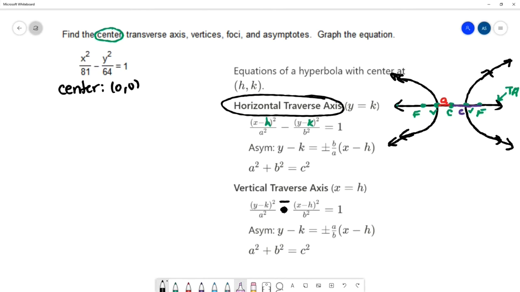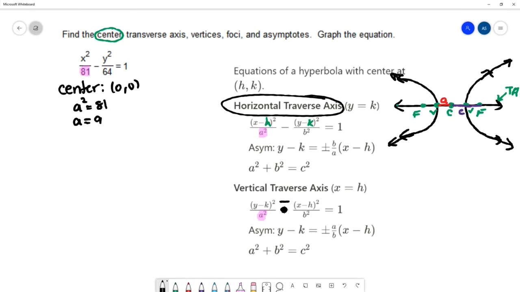So I know in my equation a is always going to be underneath your positive term. So I can use this 81 here to figure out what a is. I know that a squared is 81, so that means that a is going to be 9.